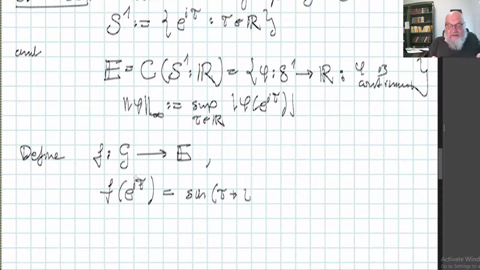So that means this is a function. This belongs to E. So it's a function in this space.